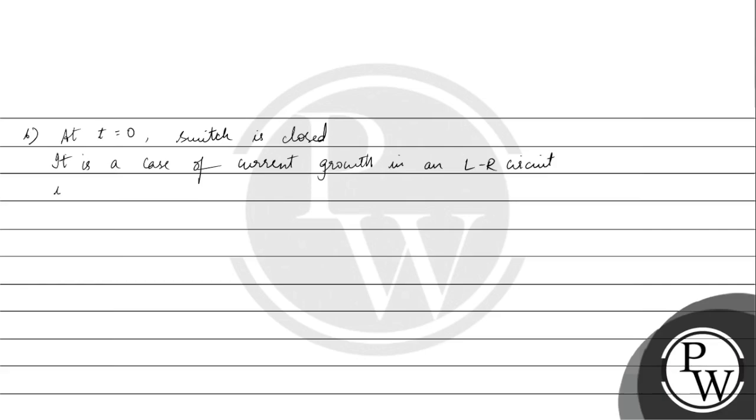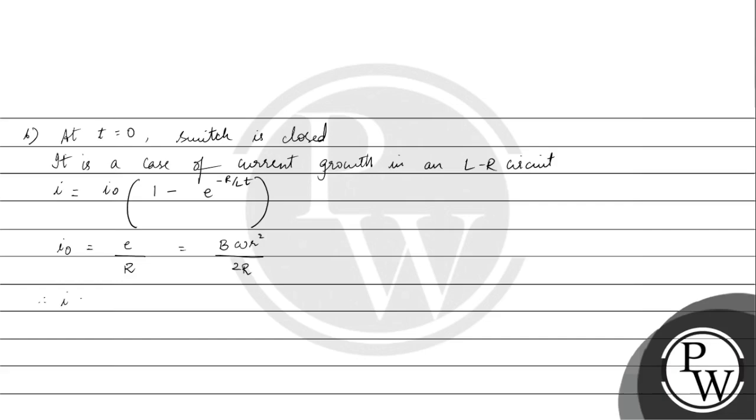तो previous step से हमें induced EMF का expression मिला B omega r squared divided by 2, and अभी the current will be B omega r squared divided by 2R.